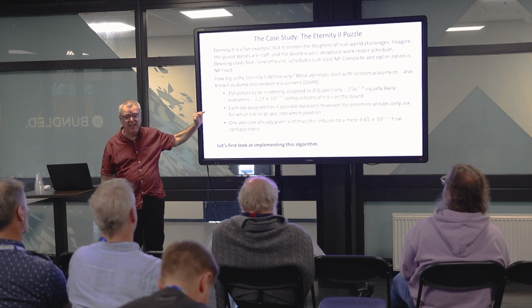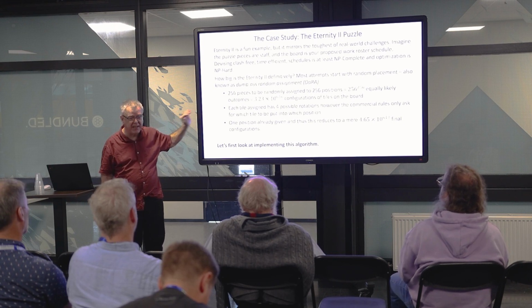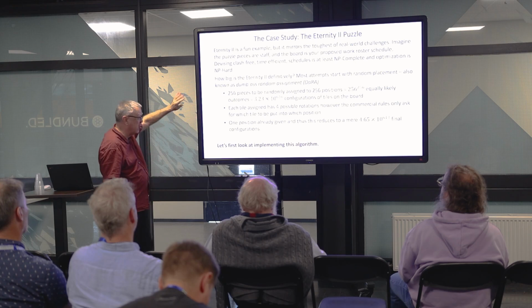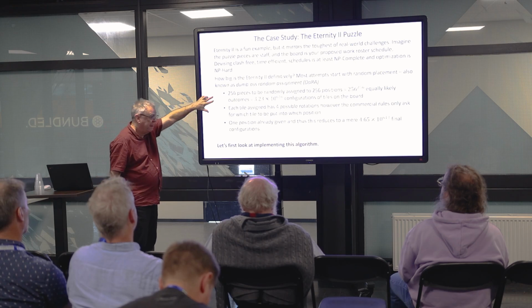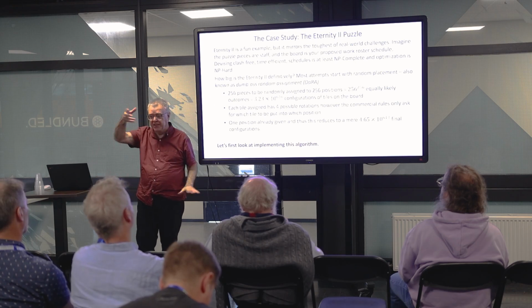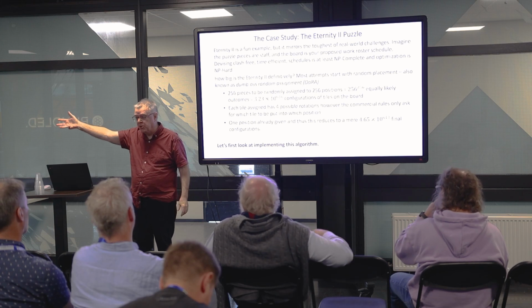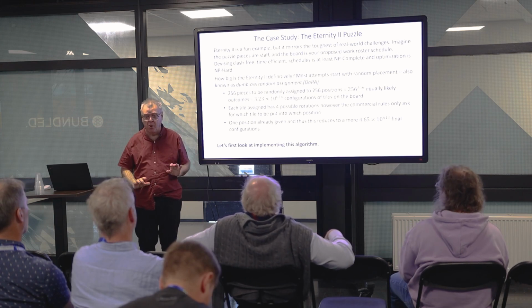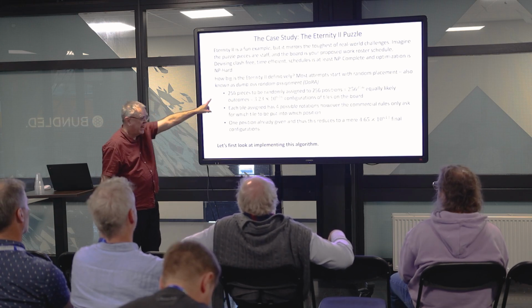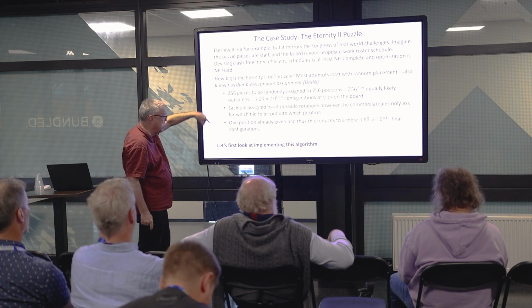Like I said, this is the hardest of the easy NPC problems: no temporal aspect, no longitudinal dimension. So once we've assigned a piece in, there's only 255 jigsaw pieces, tiles left to put on the board, and we randomly go through. That gives us a number, which is meaningless.